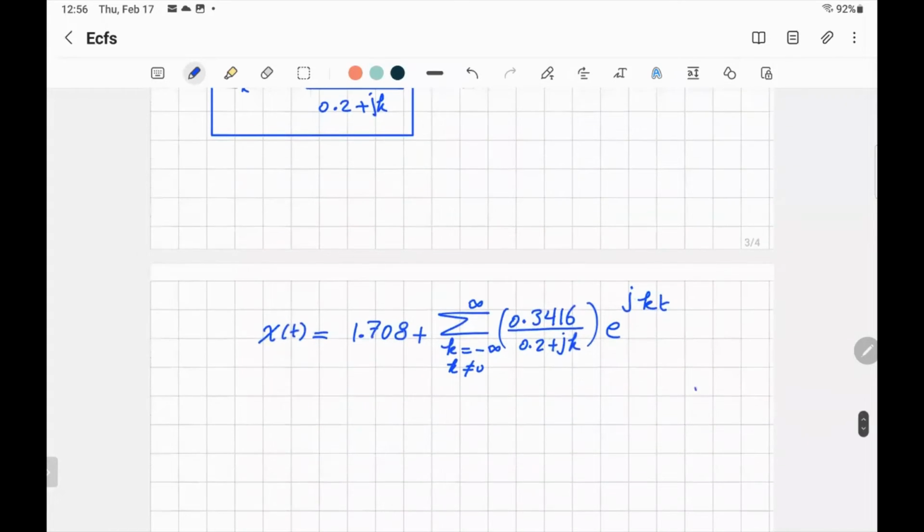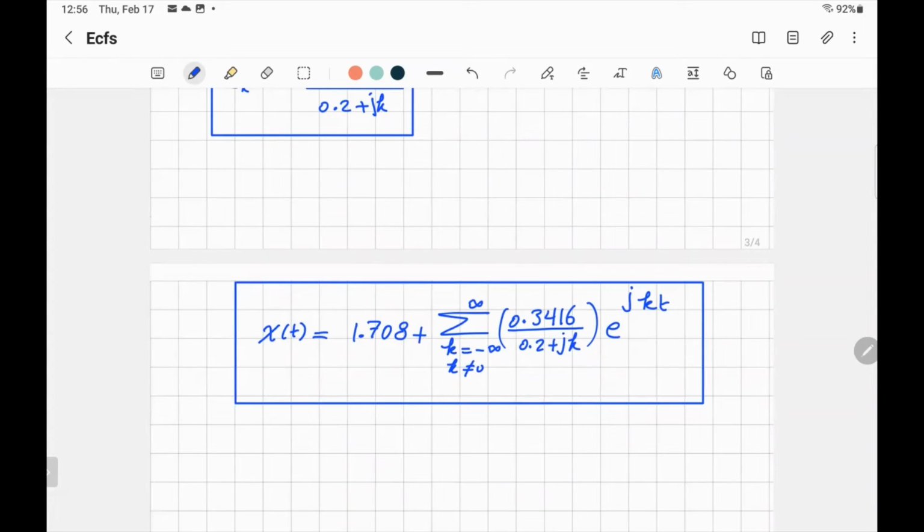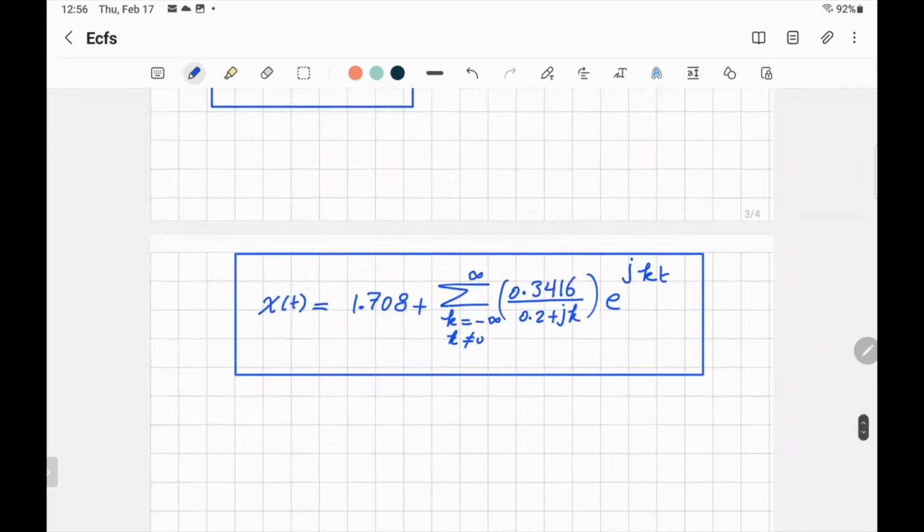So that's the expression for the Fourier series in a different form.